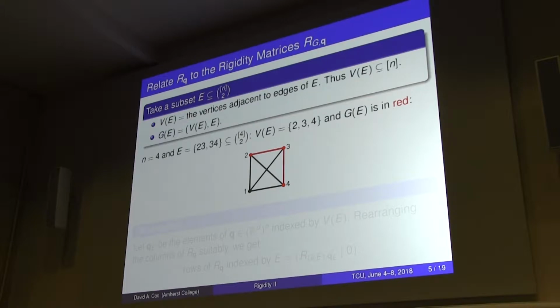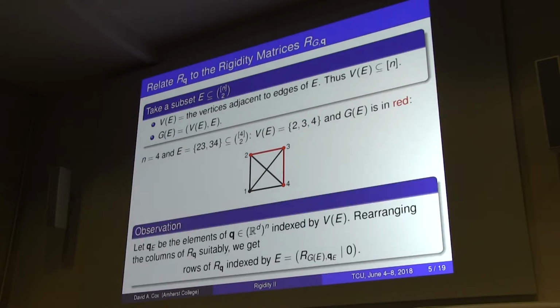For example, if n equals 4, here's the complete graph. If I pick these two edges, 2,3 and 3,4, then V of E, the vertices that are affected, are those, and G of E is just this little subgraph right here. Here's one observation, and this is where we realize this rigidity matrix is actually pretty interesting.